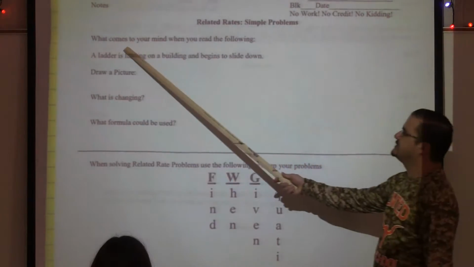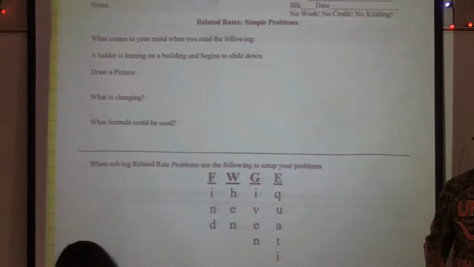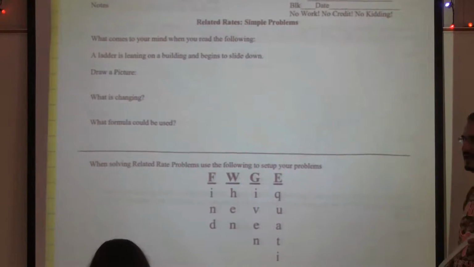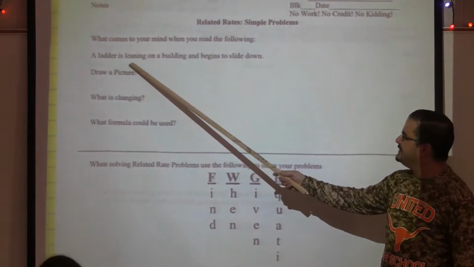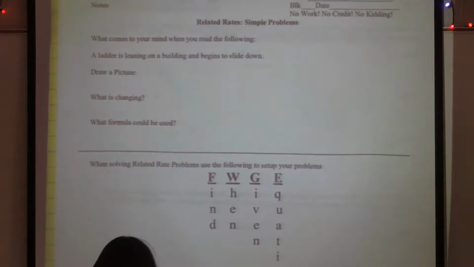Alright, so let's see. It says, what comes to your mind when reading the following? Every time you read a related rates problem, there are going to be some words in it, and you have to put it together. So read this and tell me what comes to your mind. A ladder is leaning on a building and begins to slide down. You should be thinking of a picture automatically. So the first thing you do is ask, what would this look like if I were to draw it?